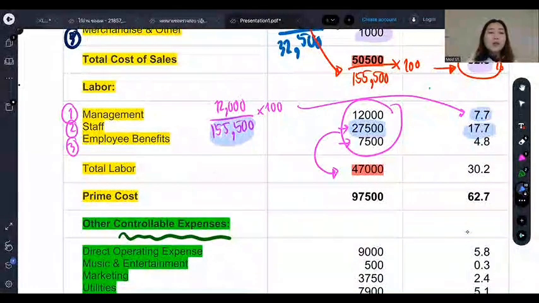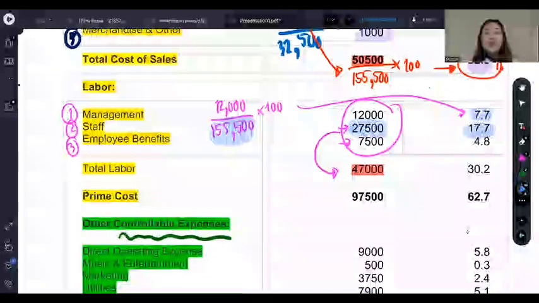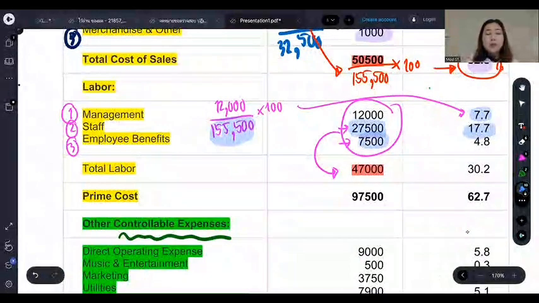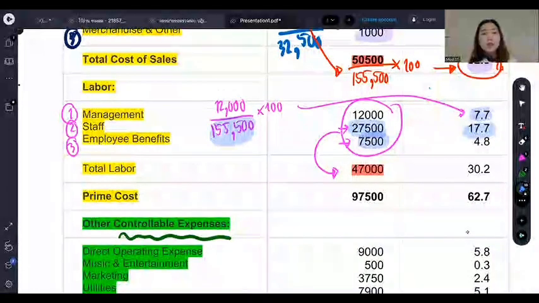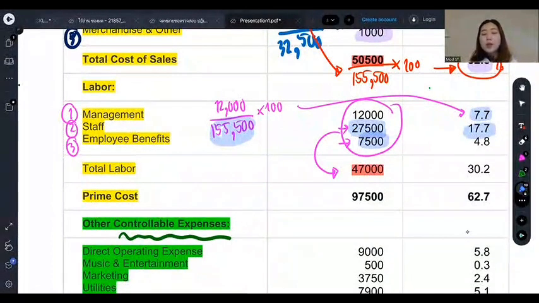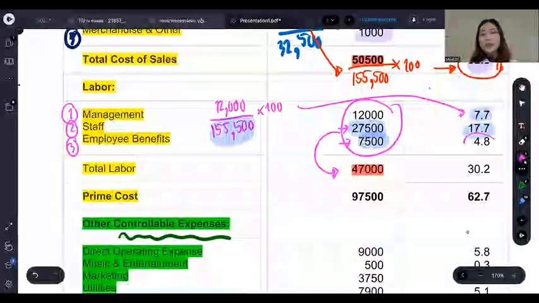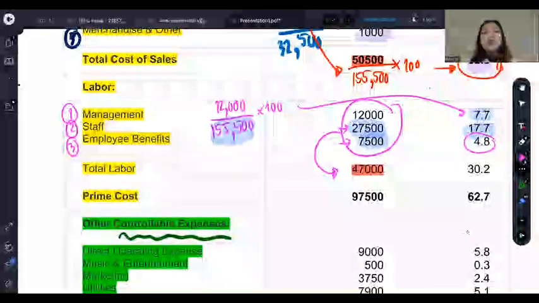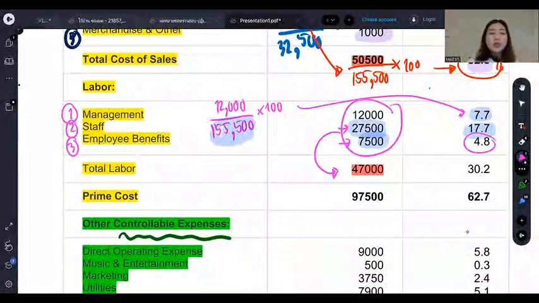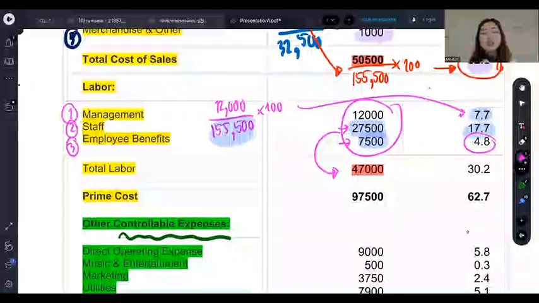And then for the employee benefits, we can use the employee benefit cost, this amount, 7,500, dividing by the revenue, which is 155,500, and then multiply with 100, we will get 4.8%, which is the percentage of employee benefits cost.